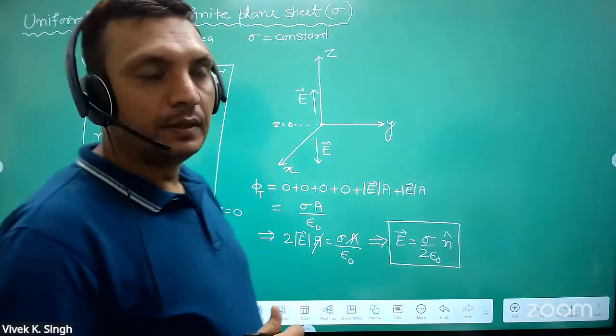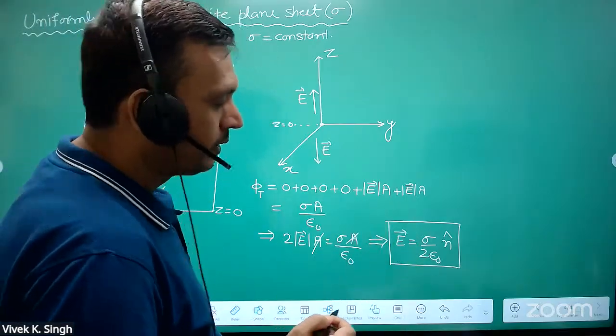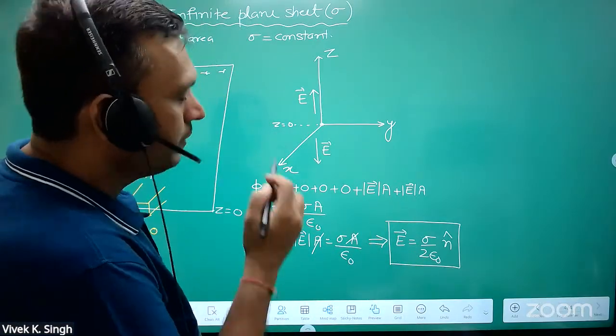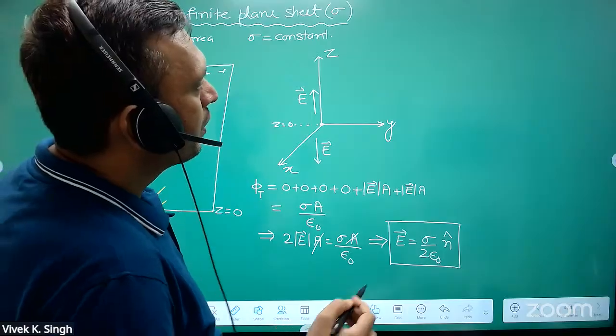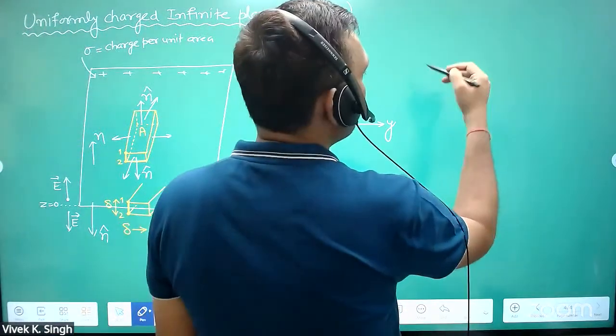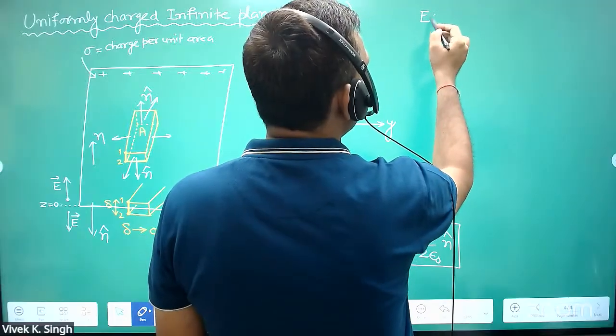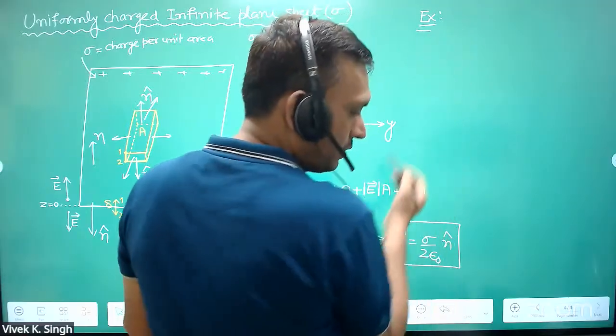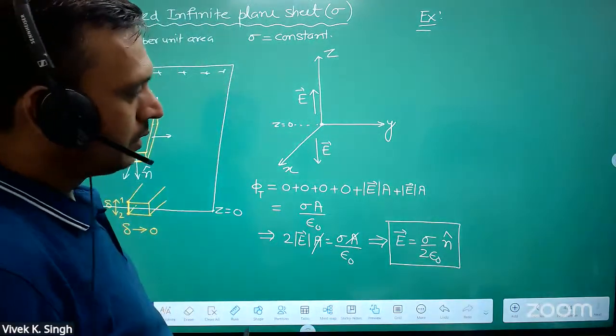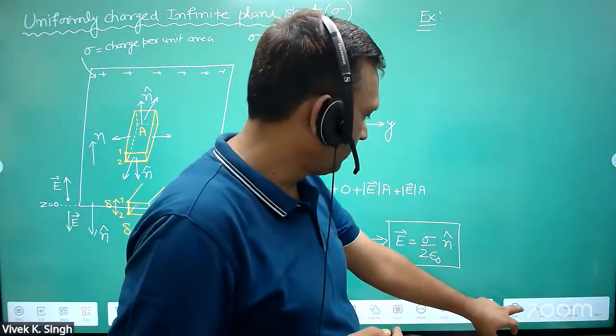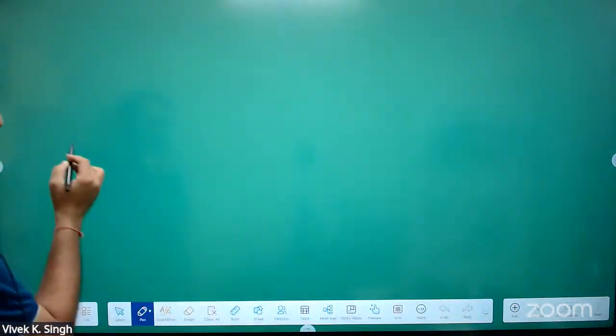Now, let's see, we have two infinite sheets, and they are placed parallel to each other. Let's take an example here.